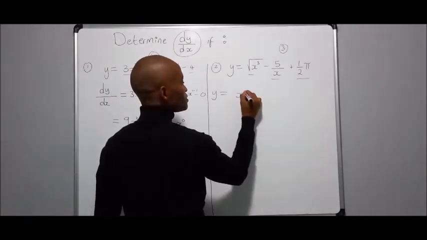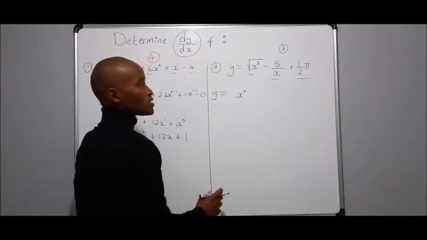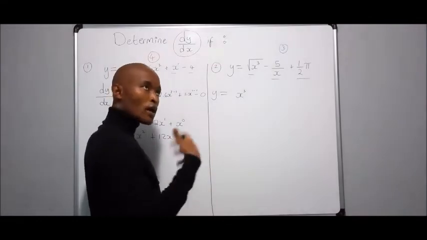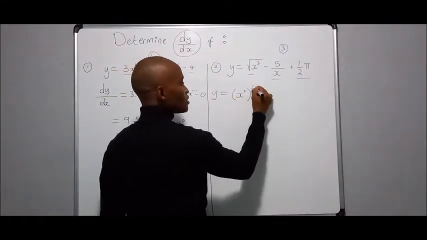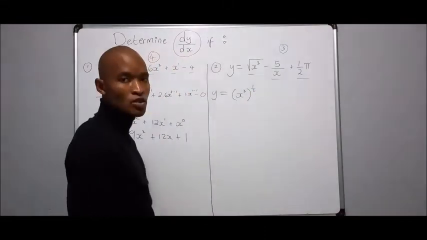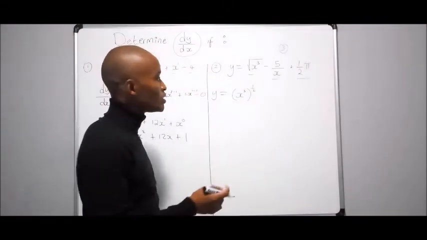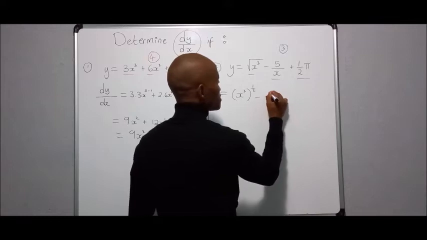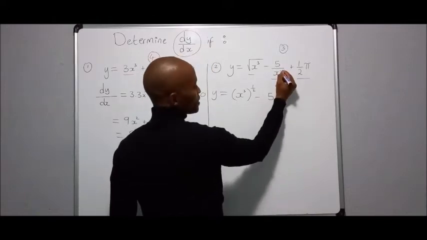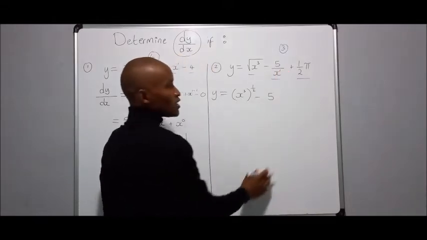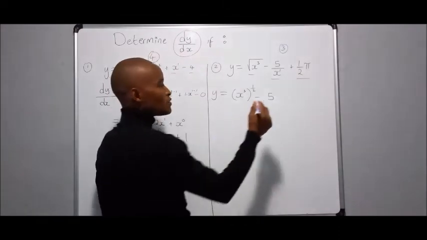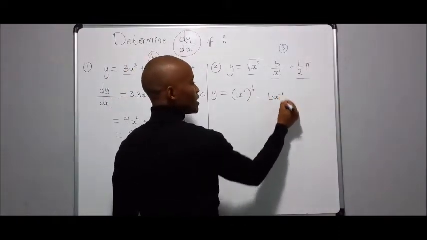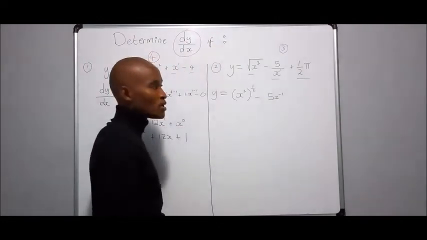So how do we write the first function in a way that will allow us to differentiate? The equivalent exponential form of a square root is 1 over 2 as an exponent. Minus 5. Again here, application of exponential laws. That is a positive exponent as a denominator. When you go in reverse, of course, it will be a negative exponent when you take it up.